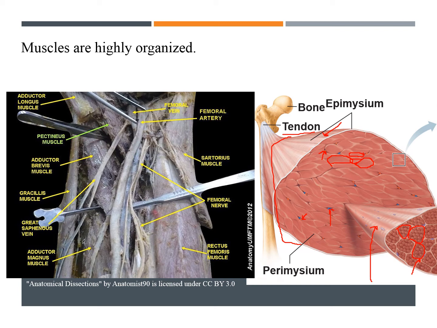Now let's look at the same structures but in a cadaver over here on the left. If you look closely, you can observe many muscles, like, for example, here's the rectus femoris. Maybe you saw the sartorius coming across here.